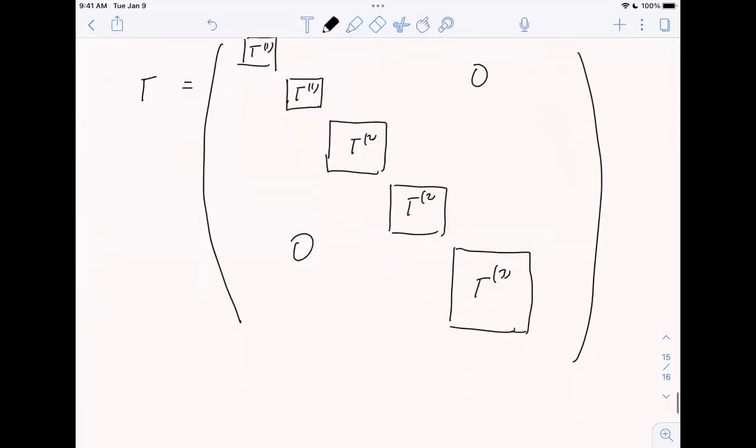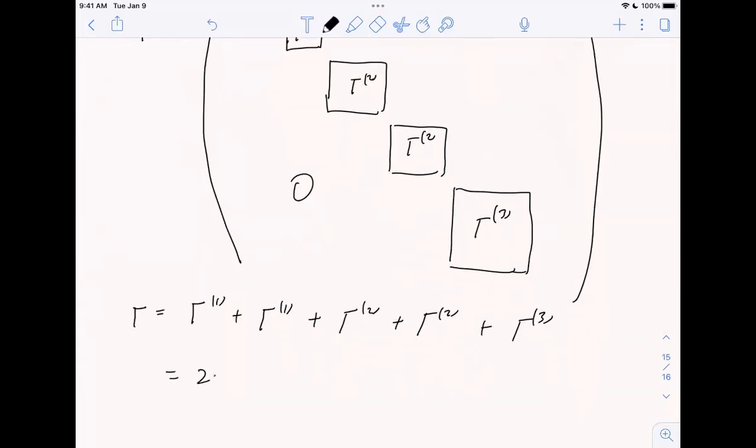Here we will write it as gamma 1 plus gamma 1 plus gamma 2 plus gamma 2 plus gamma 3. So you can write it as 2 times gamma 1, 2 gamma 2, and gamma 3.